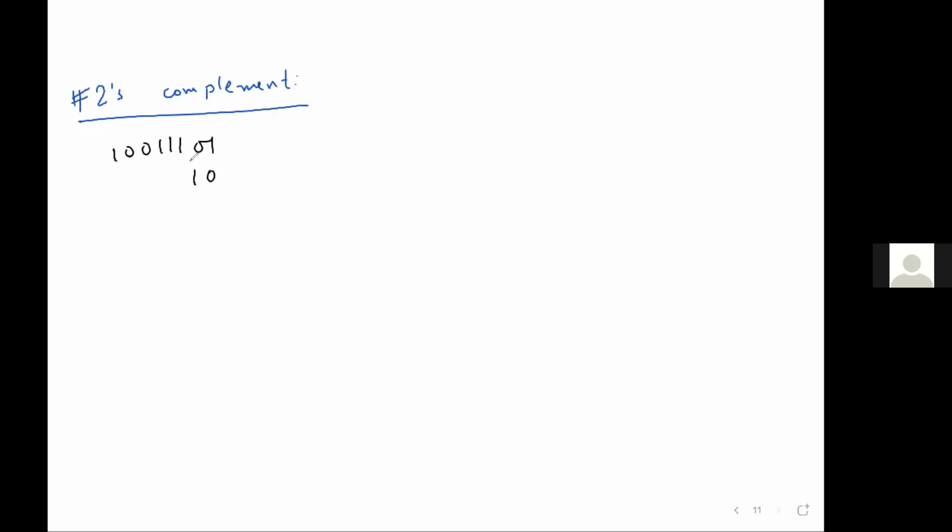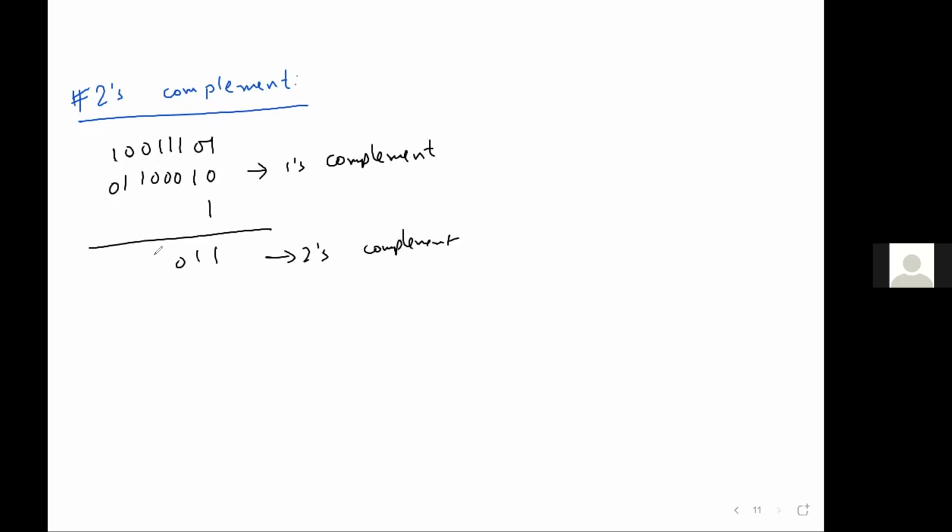So 1 0 0 0 1 1 0. So this is our 1's complement. What do we do after this? We will add 1 with the 1's complement, and that will give us our 2's complement. The addition becomes very easy because we got a 0, so nothing complicated. Okay, fine. So this is our 2's complement. Clear up to this?